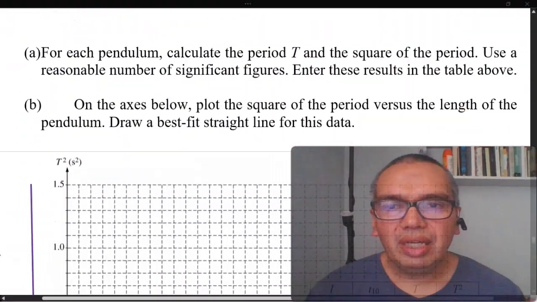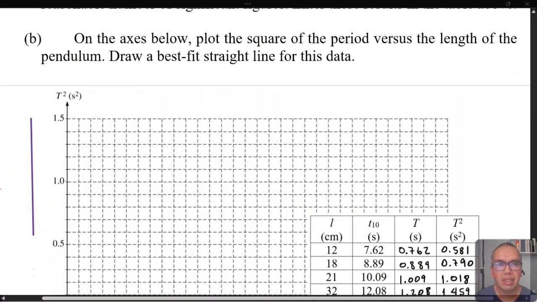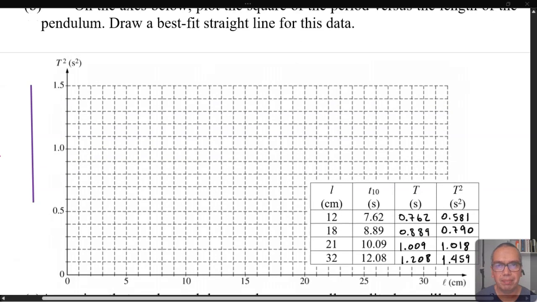Next, they want you to do something about those values. They want you to make a best fit line. Let's look at the instructions for part B. On the axis below, plot the square of the period versus the length of the pendulum. Draw a best fit straight line for this data.